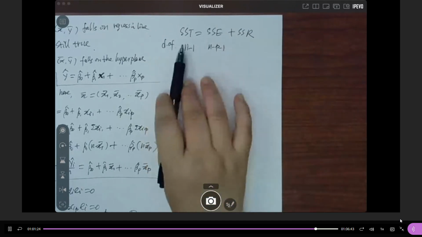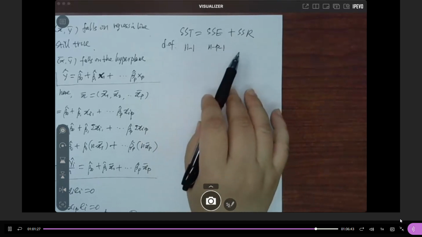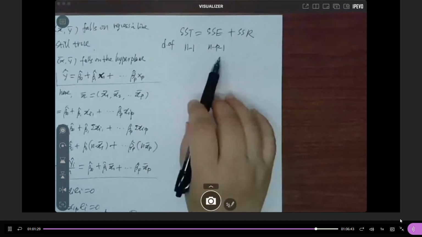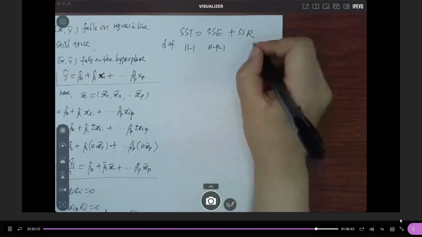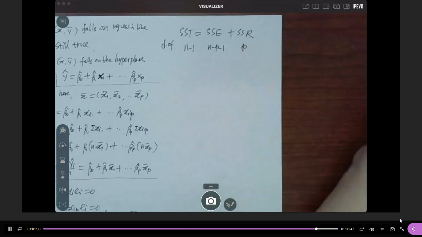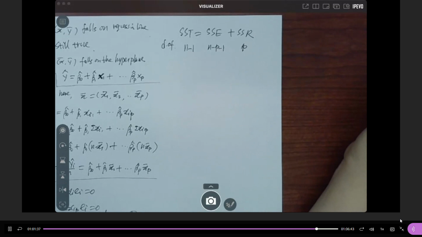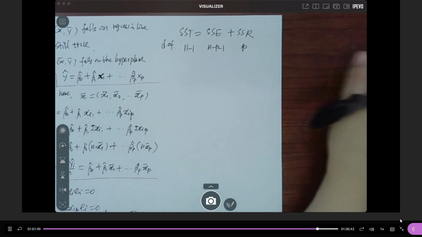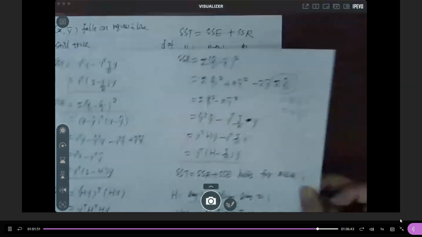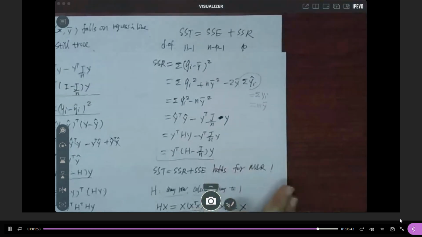Now, just to make the left-hand side equal to the right-hand side, you can easily figure out this is P, right? But you need to know why it is P. Why is the degree of freedom for SSR equal to P? Why does that hold? So the formula for SSR is here.